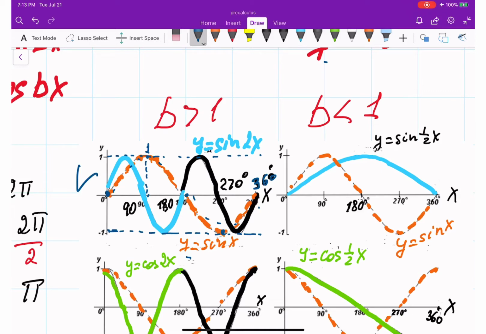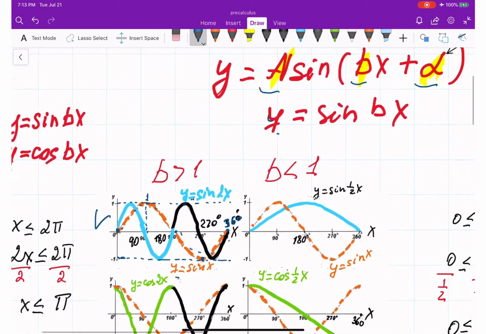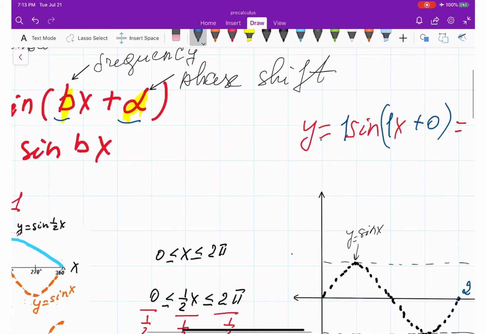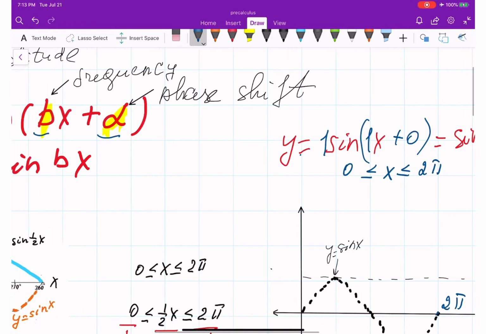And back to 360, it's 2 pi. This is what we call 1 period. So for this sine x, the period is 2 pi, which means angle x is greater than or equal to 0 and less than or equal to 2 pi.